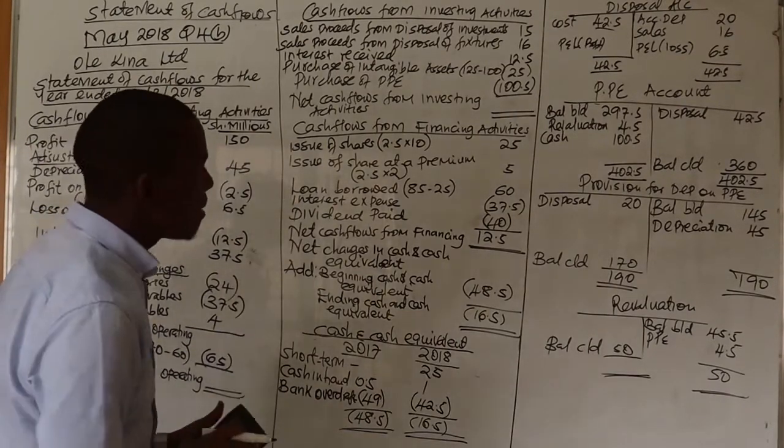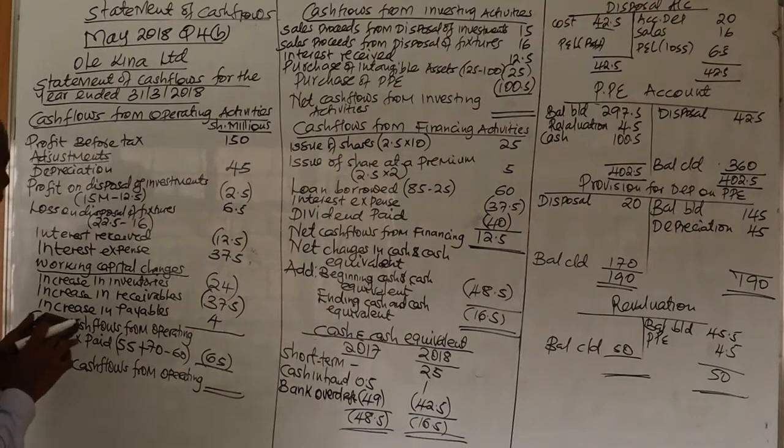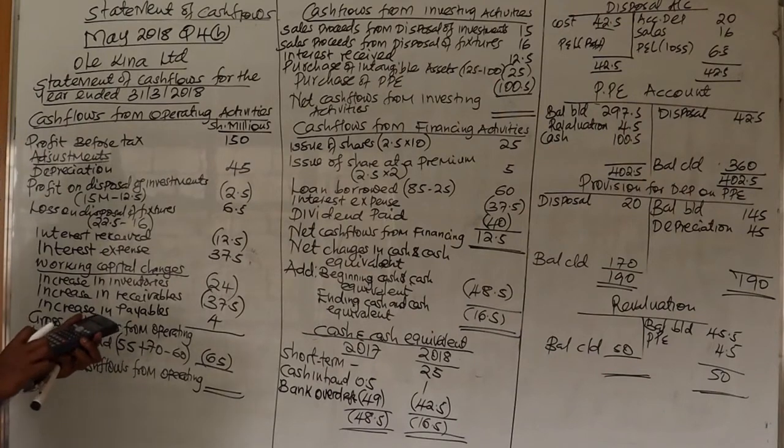There is nothing that is remaining, so with that now you can be able to get the values there. It will be 150 plus 45 minus 2.5 plus 6.5 minus 12.5 plus 37.5 minus 24 minus 37.5, then plus 4.